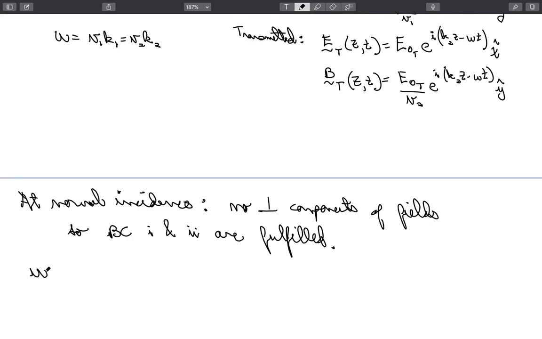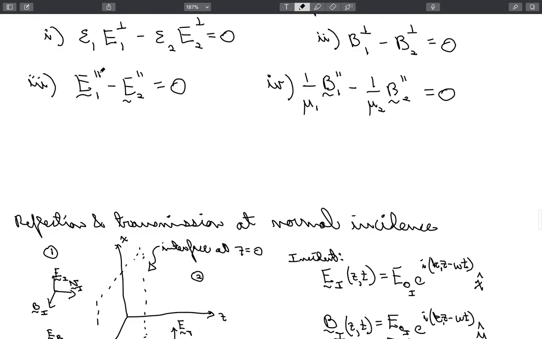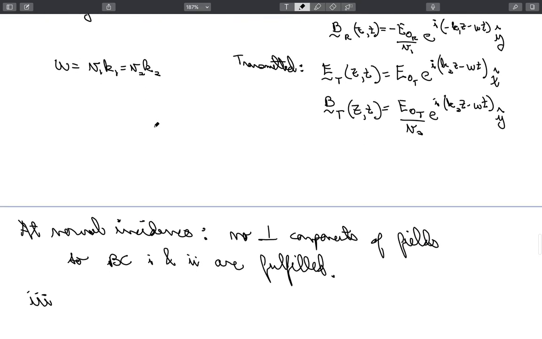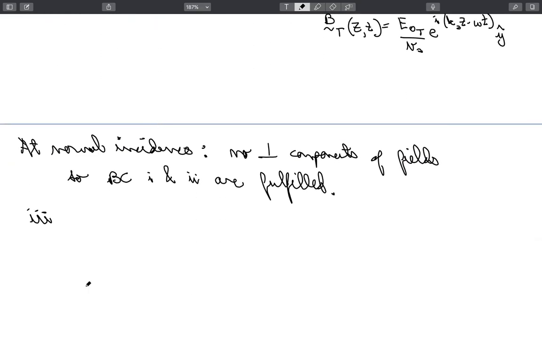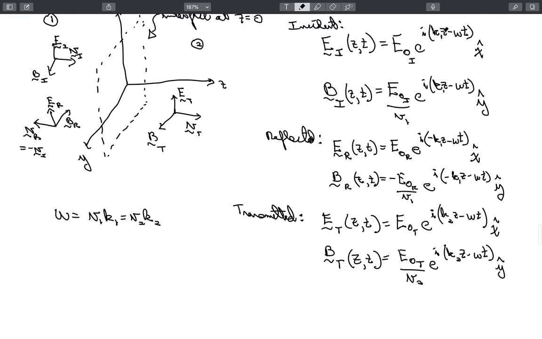The third boundary condition, if we look at it again, is just that the parallel components of the fields are conserved. So what does that tell me? If I look at the shape of these things, which I evaluate at z equal to 0, and for any omega t that I want, then I will need to equate these amplitudes.